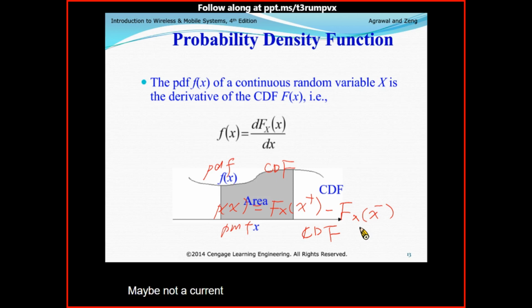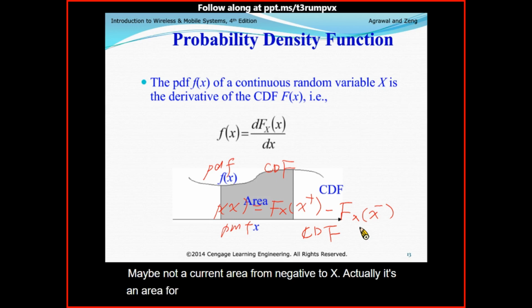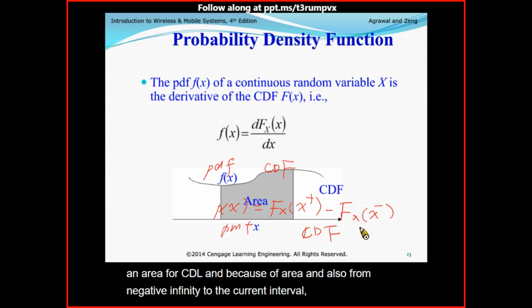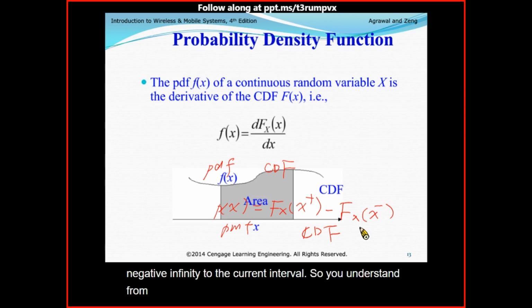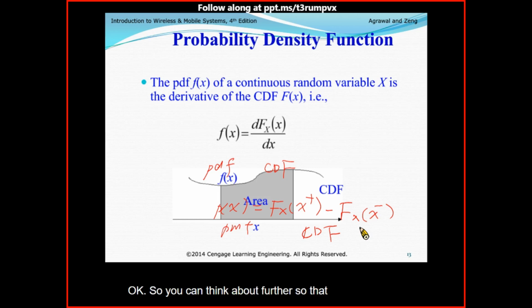Actually, it's an area for CDF, and because of area and also from negative infinity to the current interval, so you will understand from the calculus. Yes. The function here actually should be the differentiation of CDF. Okay, so you can think about further so that you can understand this relationship.